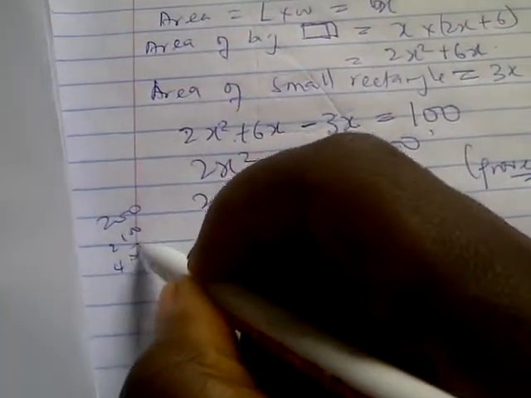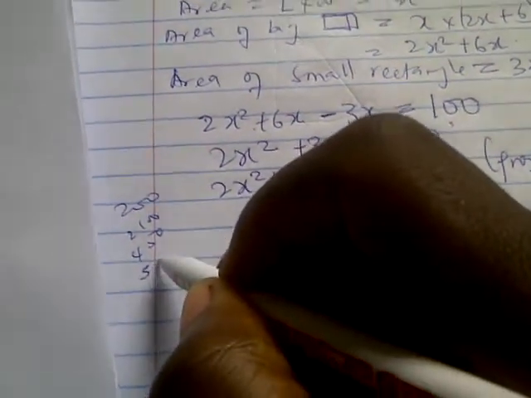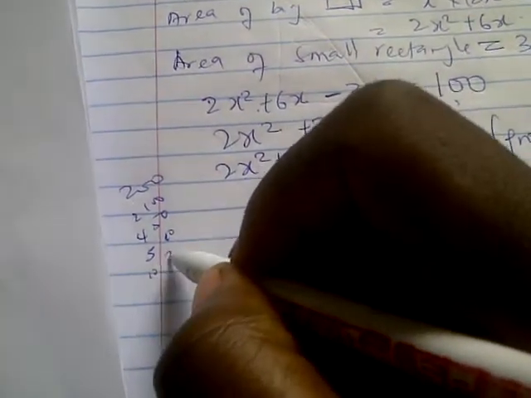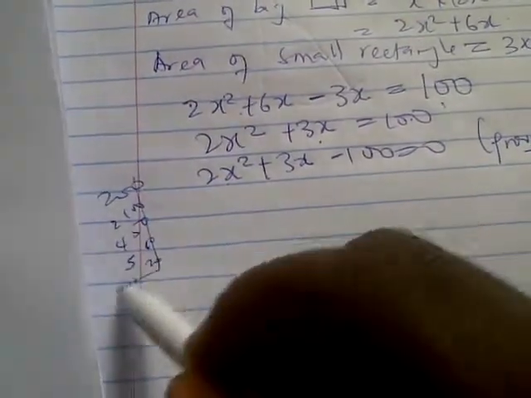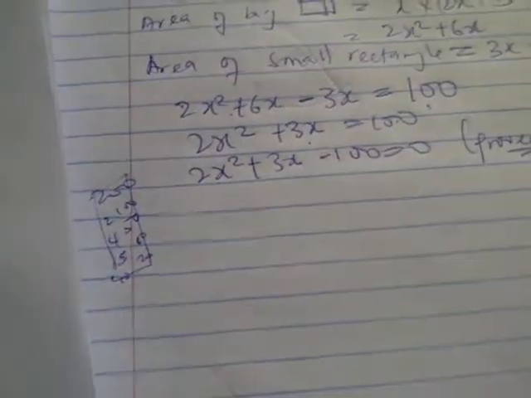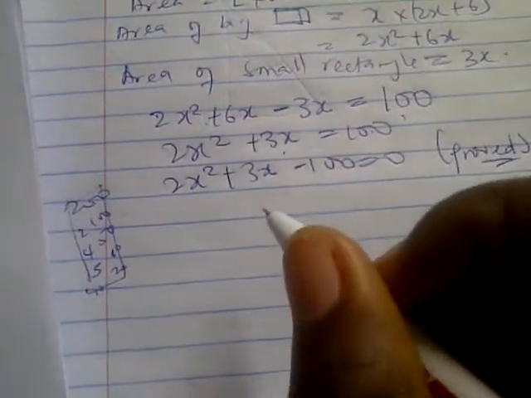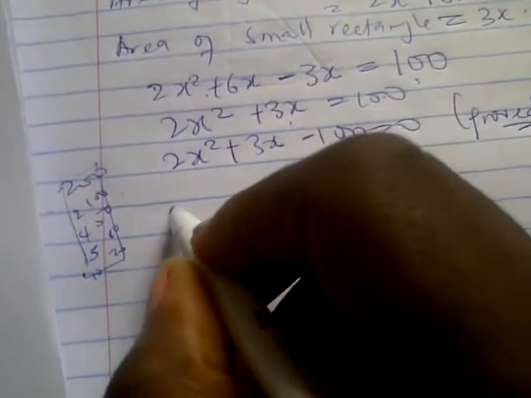We have 4 and 50. We have 5 and 40. We have 10 and 20. Actually, we're asked to correct our answer to three significant figures, so you don't even need to start doing this. You just know straight away that it doesn't have whole number factors. Okay, you go ahead and use your almighty formula.